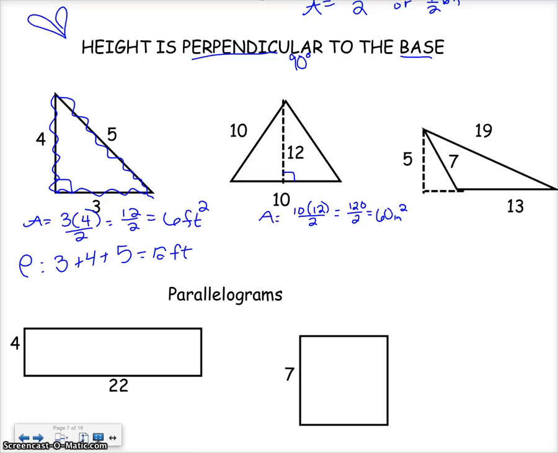Again, my goal here is that you know area is a square dimension. And here's my other goal, that you know perimeter is adding the outside of the shape. So my perimeter is 10 plus 10 plus 10, which is 30. And that would be a singular unit, 30 inches.